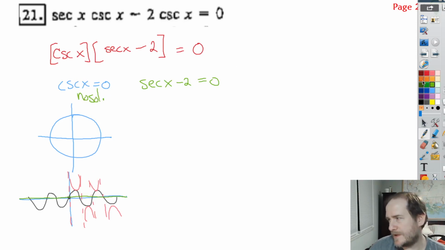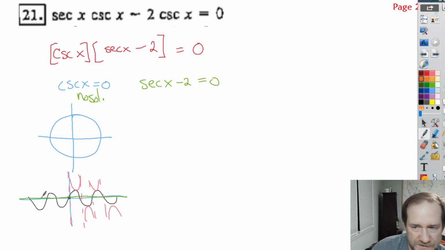And if you stop and think about it a different way, graphically it's obvious that cosecant never equals 0, but algebraically, and based on the definition of cosecant as the reciprocal of sine, they were basically asking you, when is sine equal to the reciprocal of 0, which is 1 over 0?